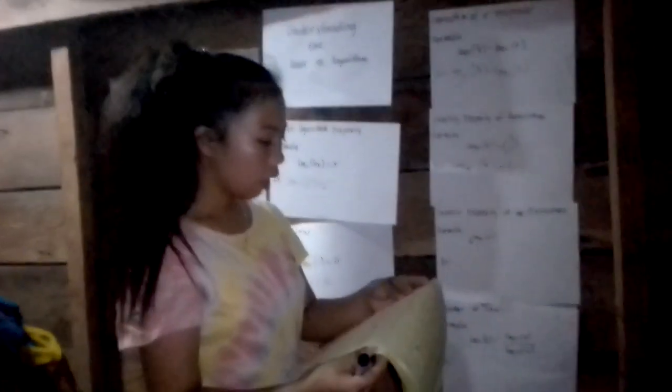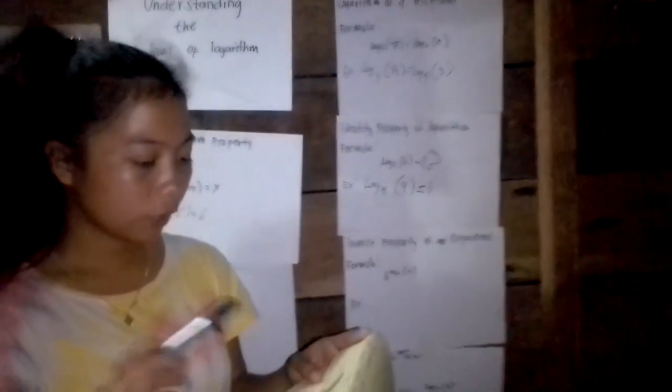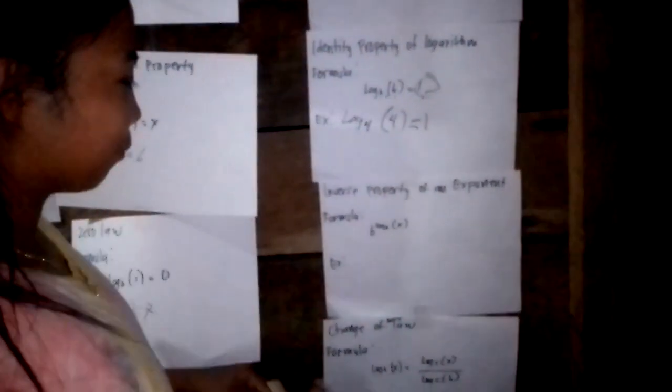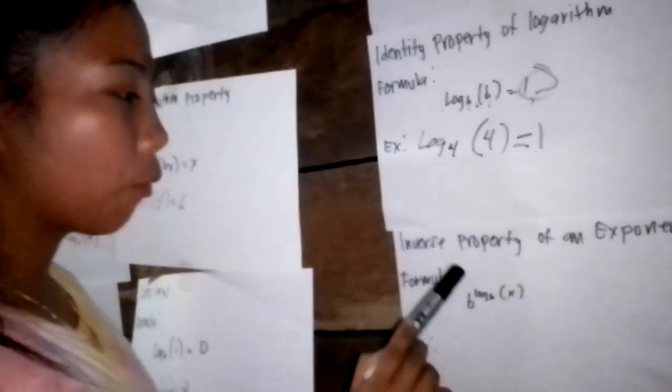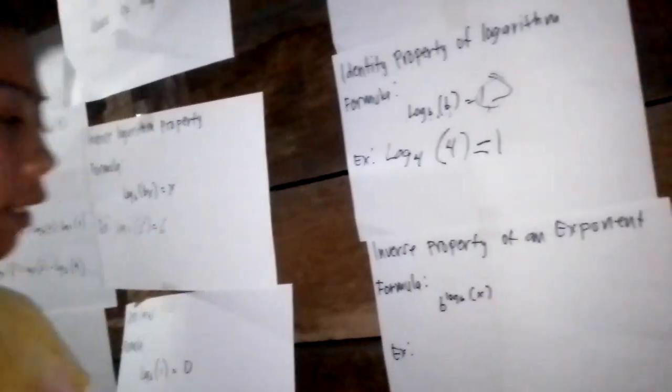Let's proceed to the inverse property of an exponent. The inverse property of the exponent is a counterpart of the inverse logarithm property. It says that if we raise the base to the power of a logarithm, we get back the number itself. This is the formula: b raised to the power of log base b of x is equal to x.